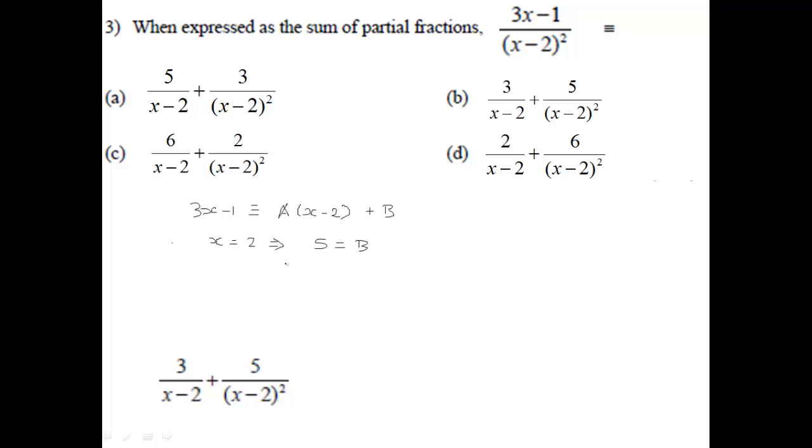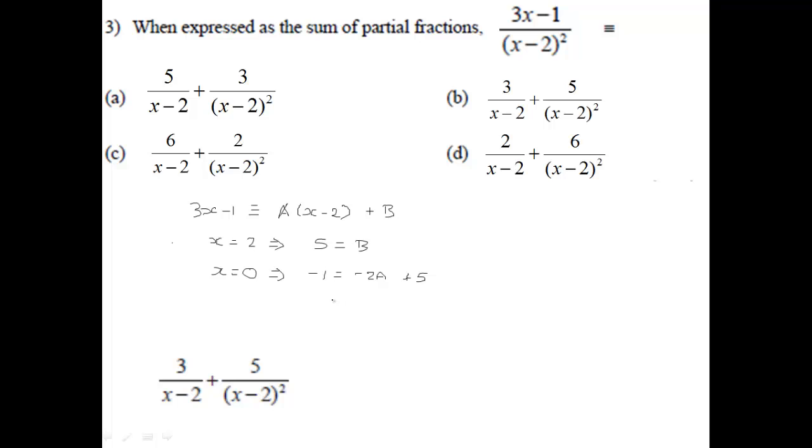And then to find a, we can actually give any value of x. So maybe just say x is 0. So if x is 0, make it nice and easy. We get 0 minus 1 equals minus 2a plus 5.